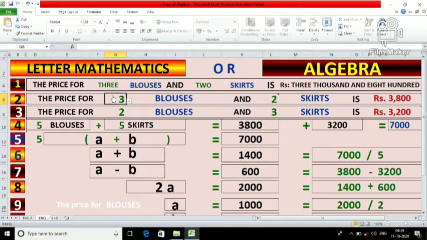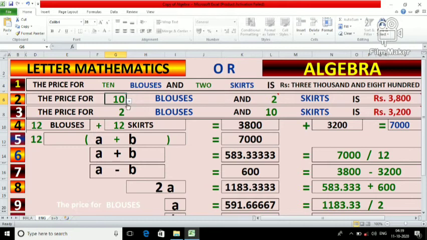Then look at the numbers here. These are respectively 3 and 2. We can change the numbers up to 20. See, here also we can change the number up to 20.